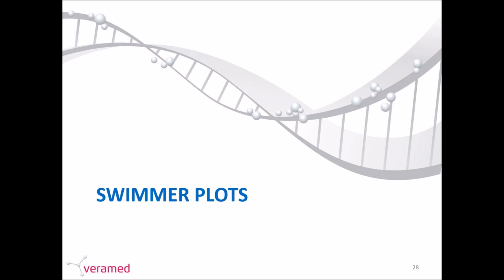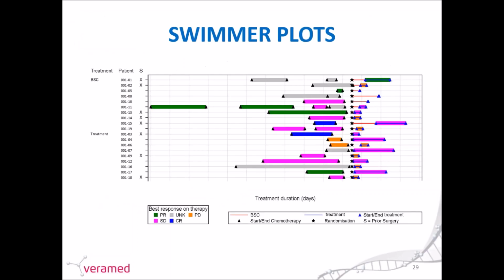So the last example is a swimmer plot. This is a slightly more unusual plot, something I only recently came across and was a little bit different to kind of work out what was going on in the background.